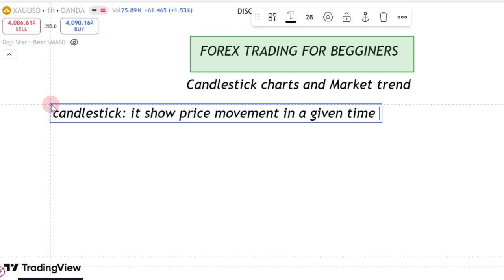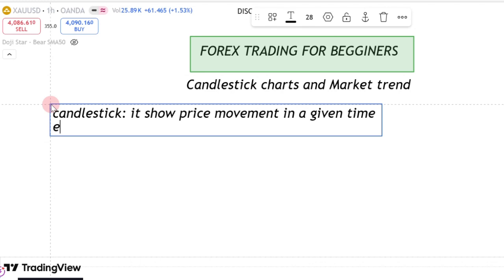Note, each candlestick has an open, high, low, and close. Every candlestick opens and closes at a certain point, and I'll take you through that.